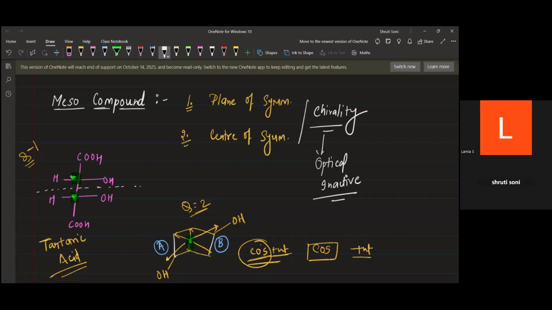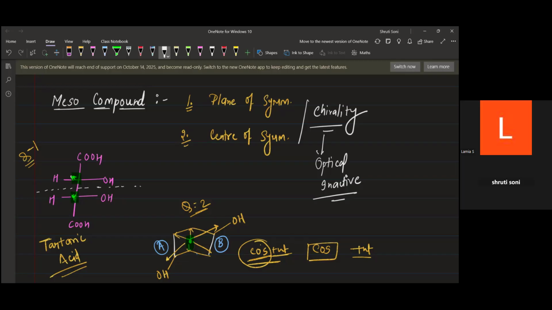No, it's actually C. See, B and D are not so obvious. Do you have any doubt in B and D options in the 10th question? No, B and D are enantiomers. Enantiomers, absolutely.